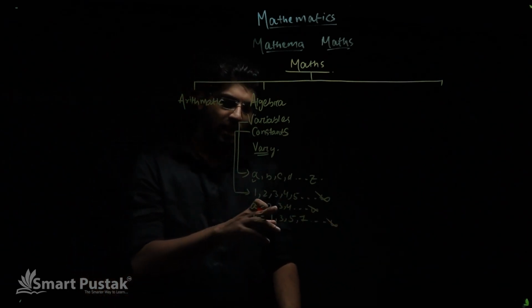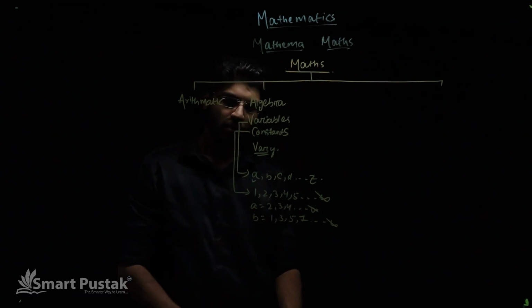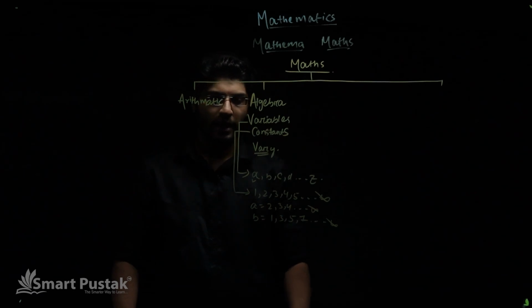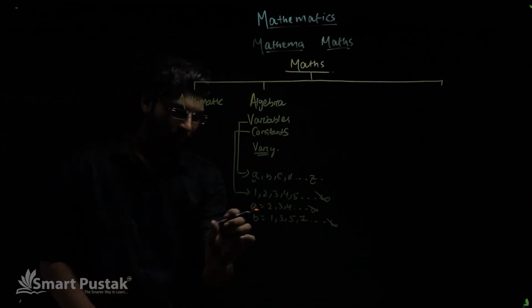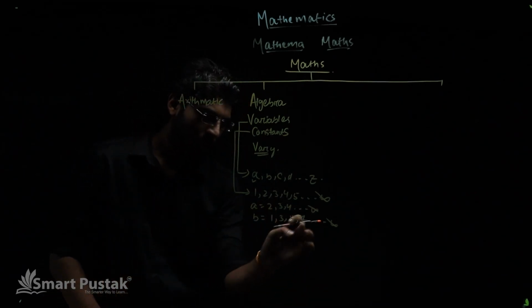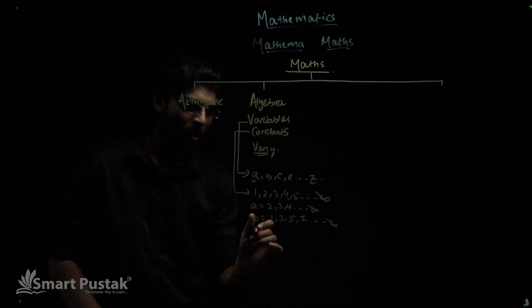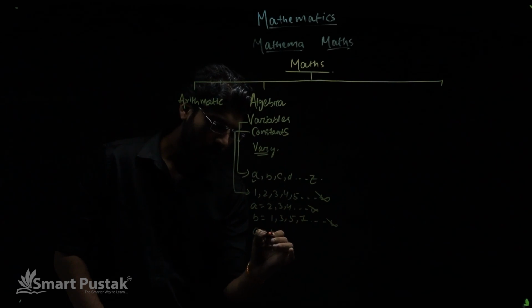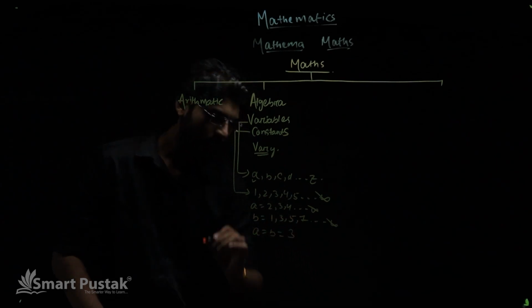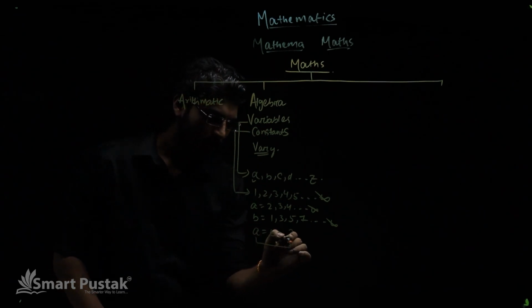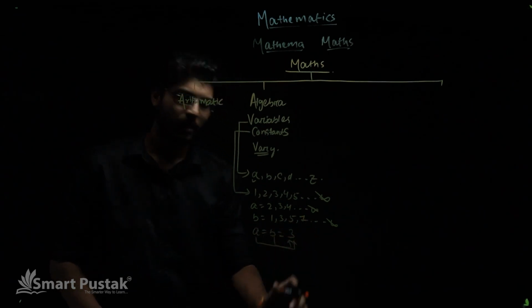For me, a can be 3 or 4. For you, a can be 2, 4, 10 or anything else. For me, the value of b can be 1, 3, 5, 7, and for you it may vary or may not vary. We can say that a equals b equals 3, because the value of a can be 3 and the value of b can also be 3.